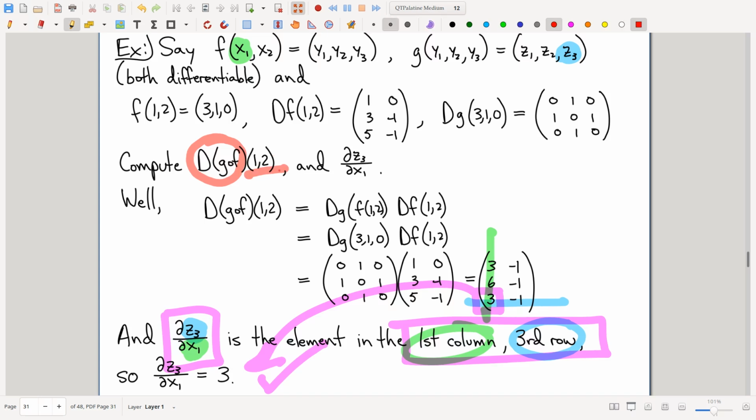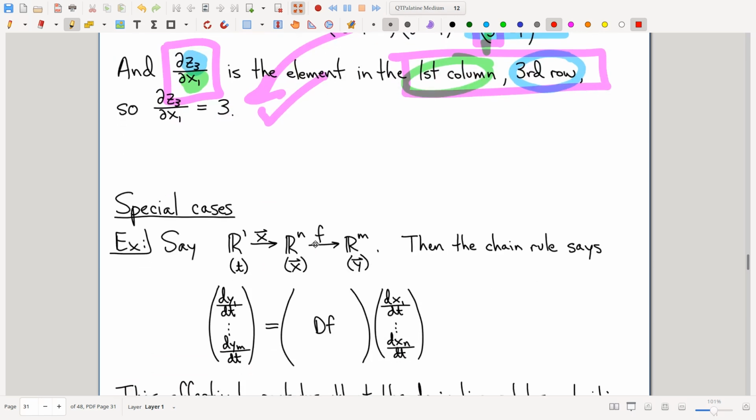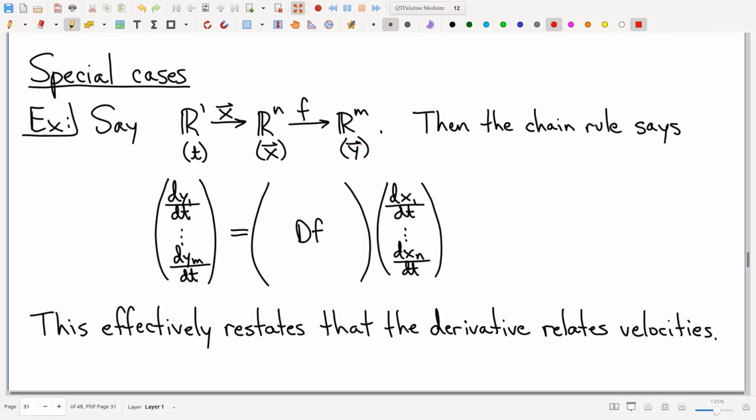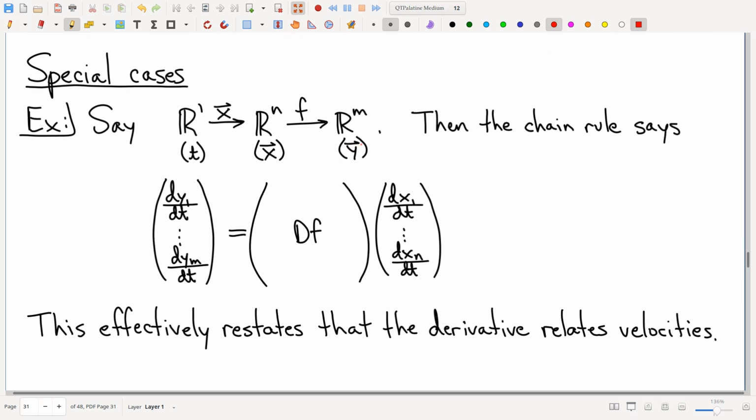All right. So moving along, there's a couple of special cases I'm going to point out. Let's think about these specific special cases. This is a composition of functions.